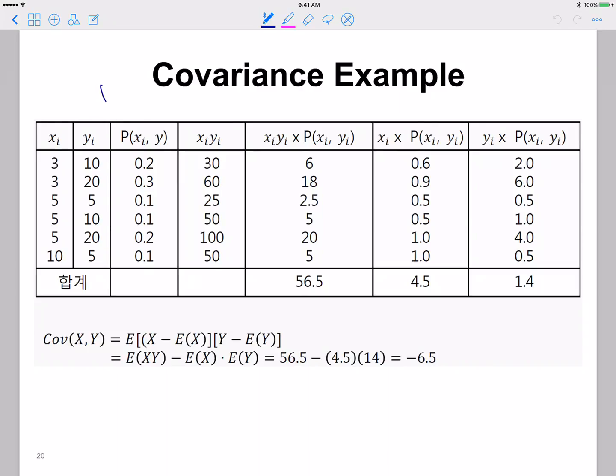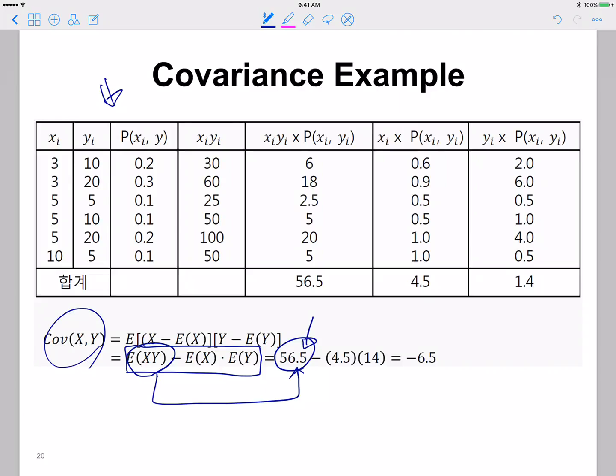Okay, and let's use this example to compute the covariance of x comma y. You can think of it as an unnormalized covariance, and you can imagine the patterns of these data points, whether they are increasing together or not. We can obtain this equation and plug these in, and this part will have this expectation value.